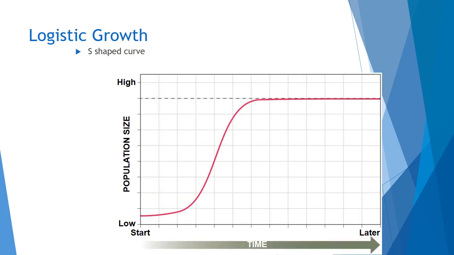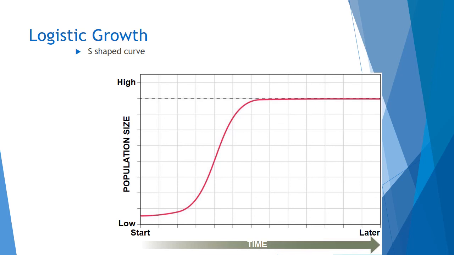Logistic growth. This is an S-shaped curve. And as you can see here, this dotted line that you see is what we call a carrying capacity. And a carrying capacity is the environment's limits, basically, on sustaining a population. So that population, once it hits that carrying capacity, is going to level off.